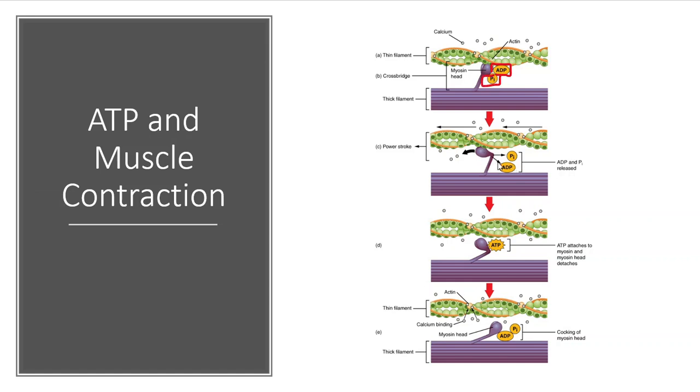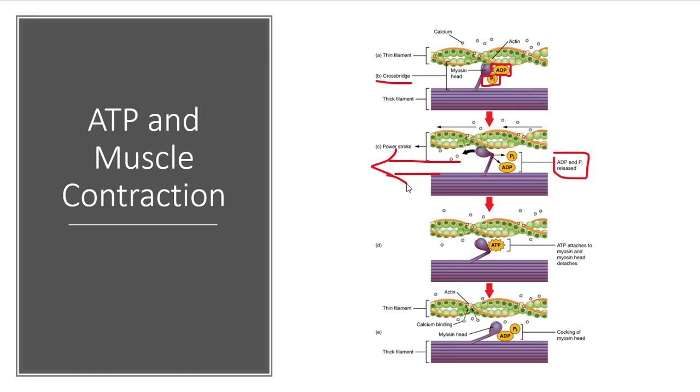That's the cross bridge, by the way, when it binds there. He's going to release that ADP and that phosphate, and when he does that, that's the power stroke. In this case, this guy is pulling the actin this way.